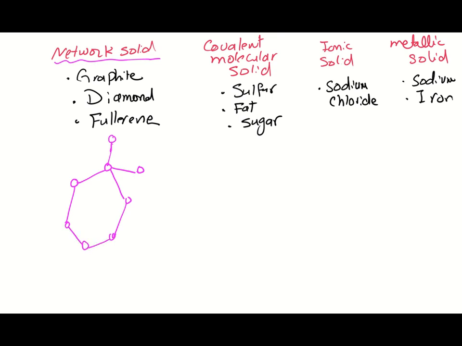Make sure that any atom you draw has 4 bonds coming from it, because each atom is covalently bonded to 4 other carbon atoms. Okay, this is the structure of diamond.